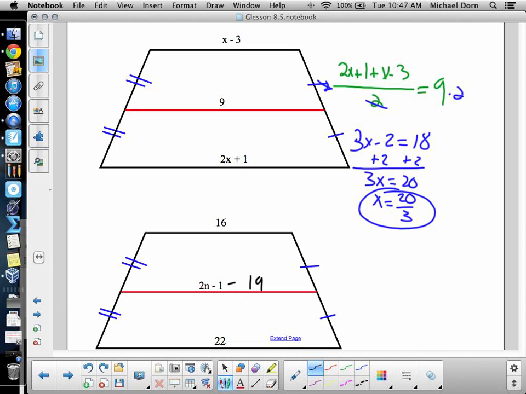Oh, well, that means 2n minus 1 equals 19. There's my equation. I don't have to set up a big formula for that one, do I? This one I had to set up the big formula for because base 1 plus base 2 divided by 2 equals the mid-segment. This one is actually easier because I know both the bases. And I can solve that mid-segment pretty easy.